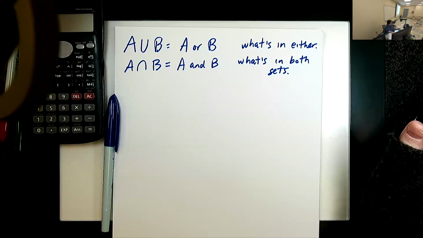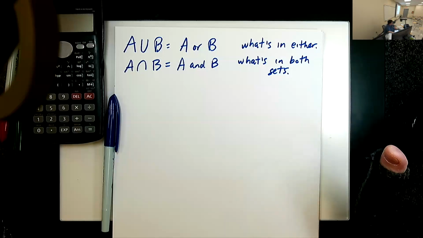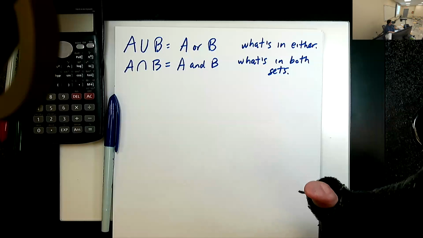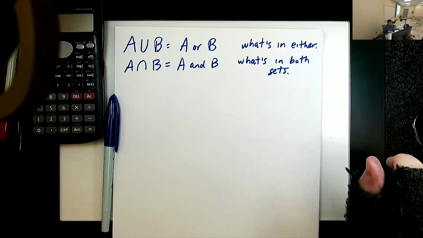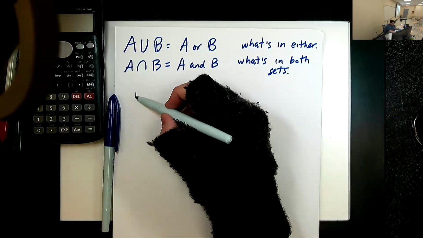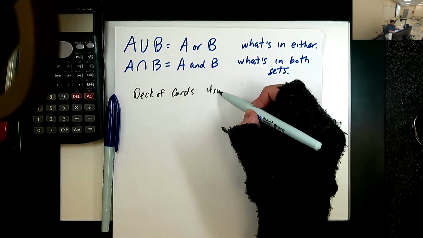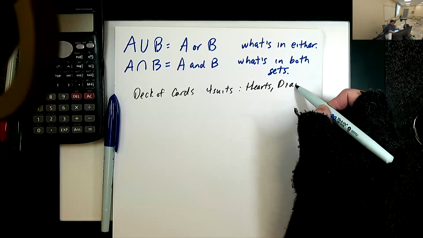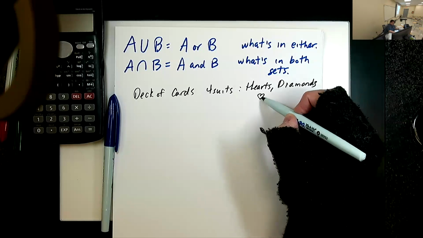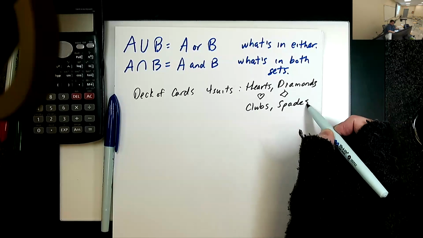Has everyone here seen a deck of cards? Playing cards, not like Pokemon. Regular playing cards. Whether or not you play with them is a different question of knowing and having seen them. They have your aces, your king, your queen, your jack, stuff like that. A deck of cards has 4 suits: hearts, diamonds, clubs, and spades.